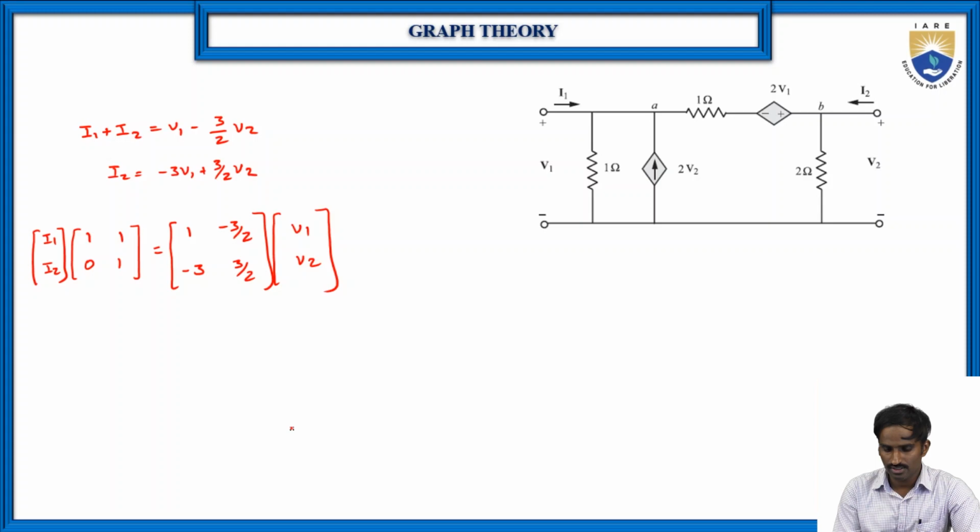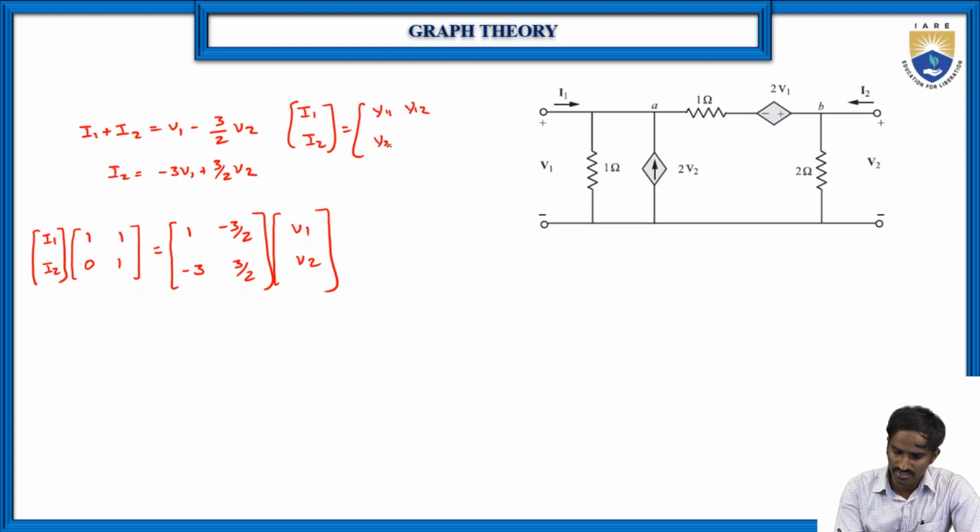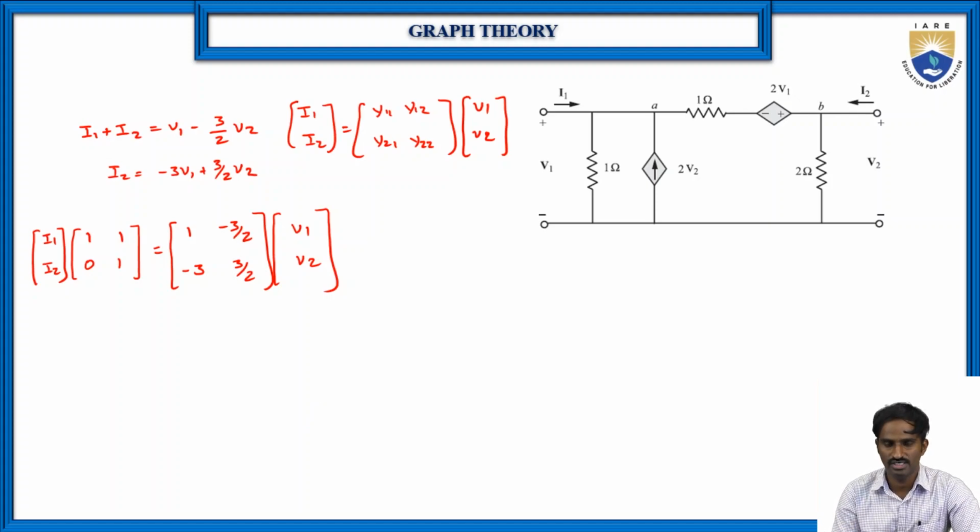We know that for the y parameters, the equation is I1 I2 equal to y11 y12, y21 y22, into V1 V2. This is the standard equation for the y parameters. Then I am rearranging this particular equation into the standard form.